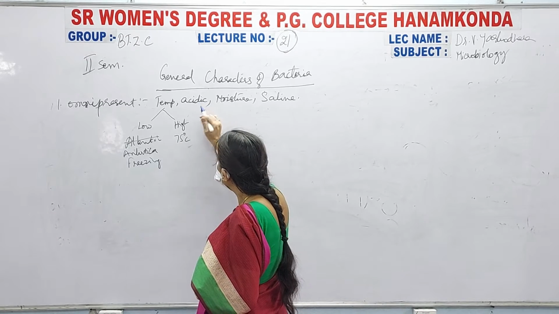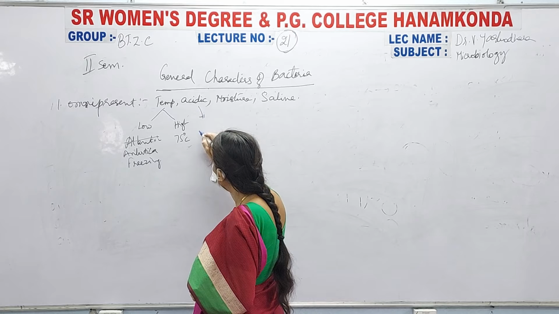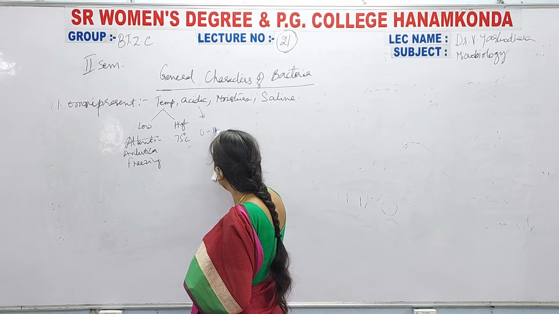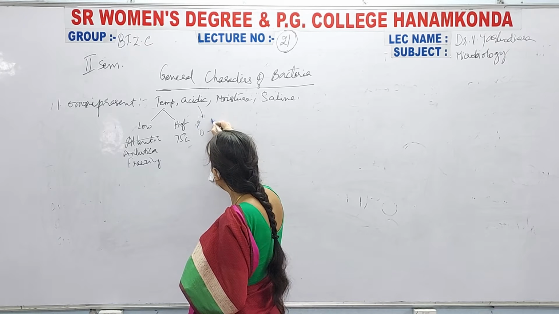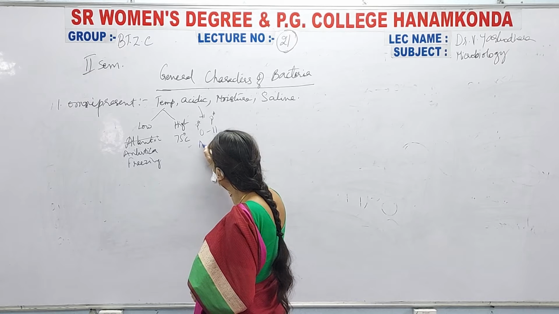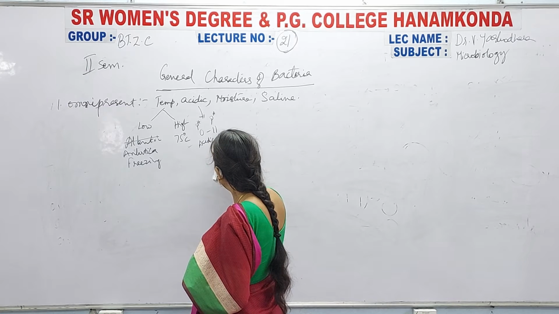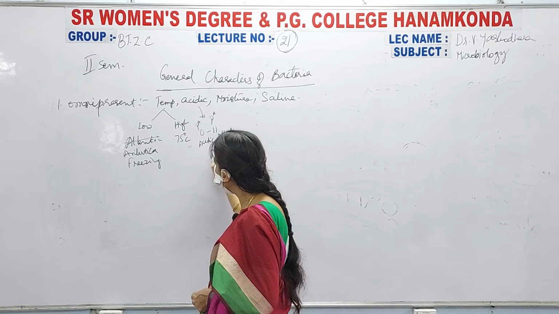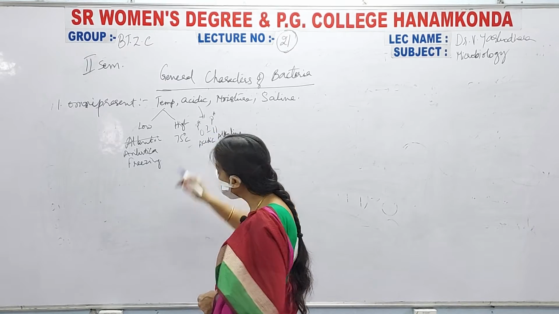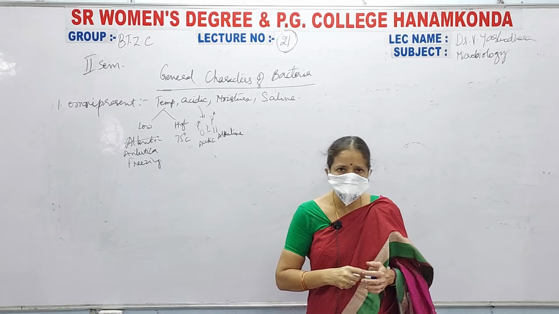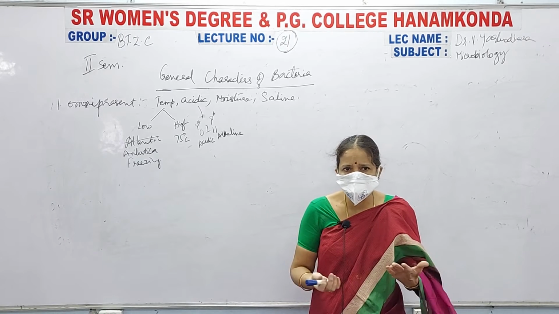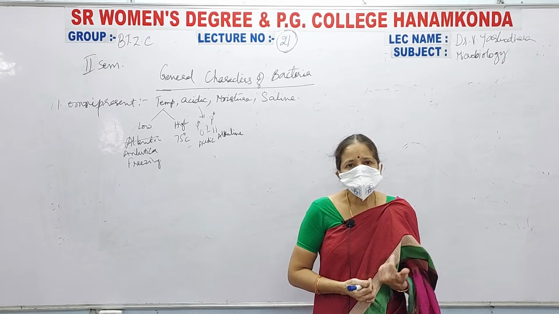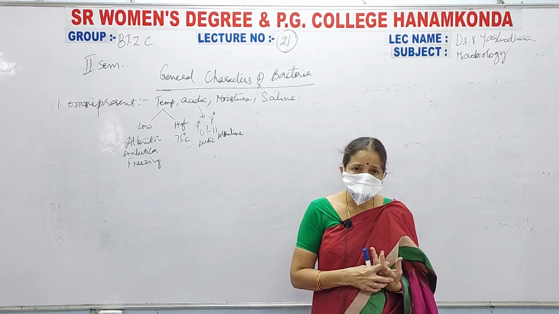Now, regarding acidic nature, the pH can range from 0 to 11, that is acidic and alkaline. 7 is the neutral pH, so they are present below 7, from pH 0, that means highly acidic conditions.